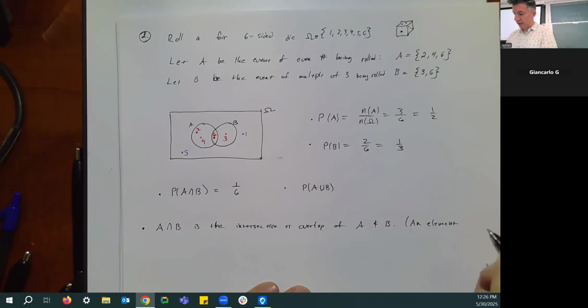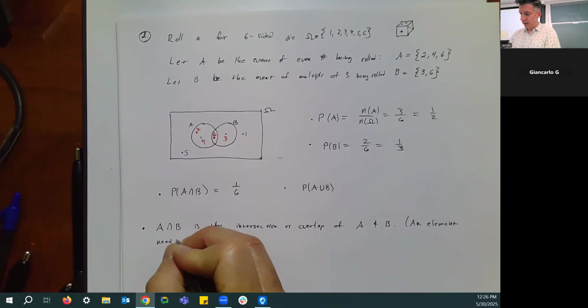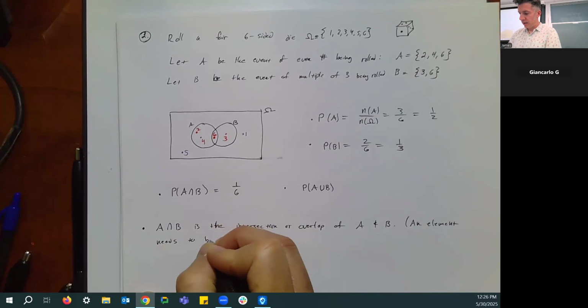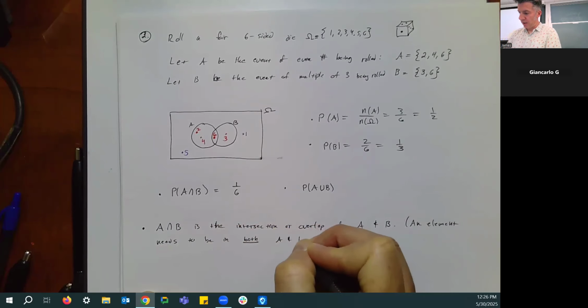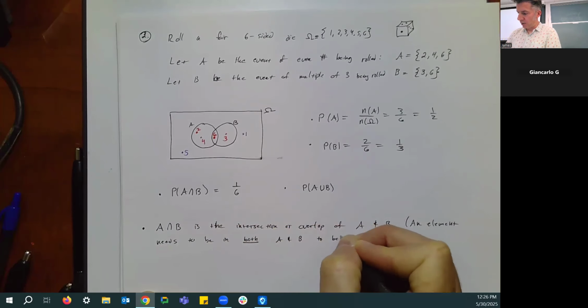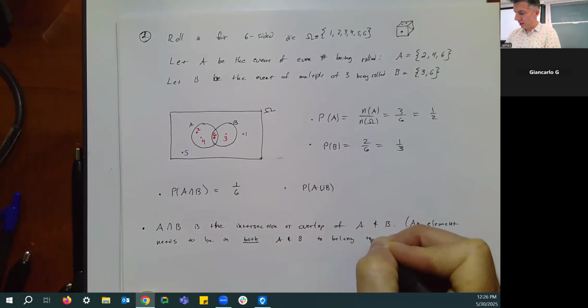In this case, 6. An element needs to be in both A and B to belong to the intersection A intersect B.